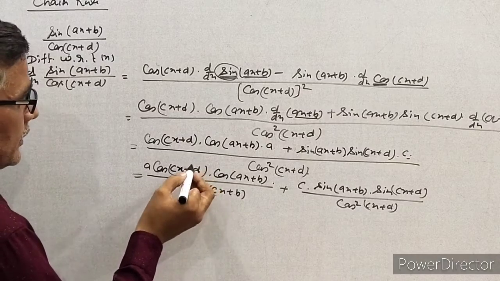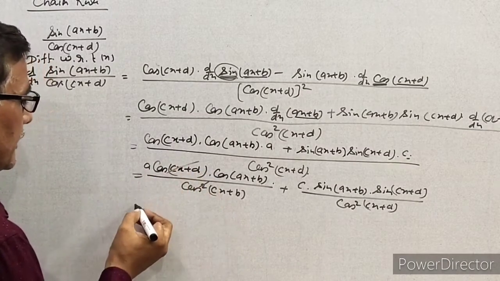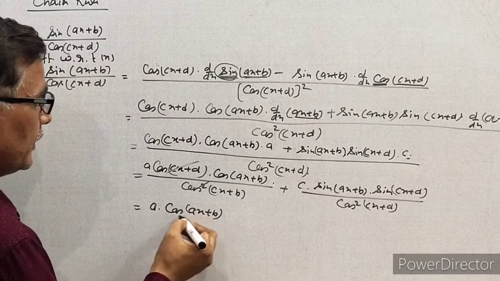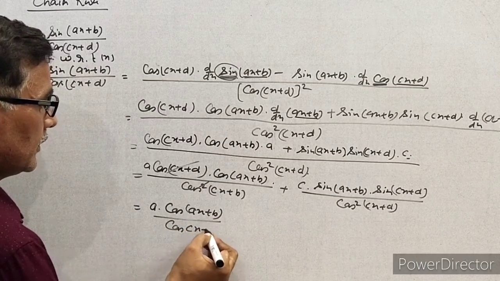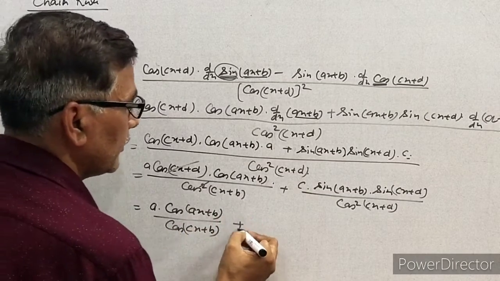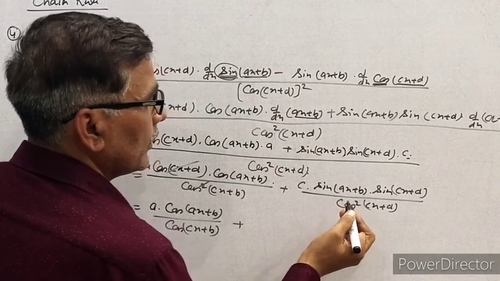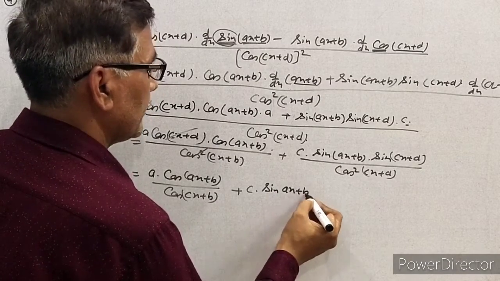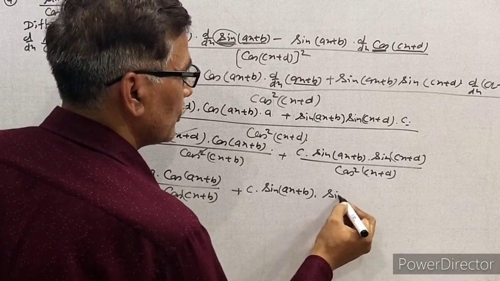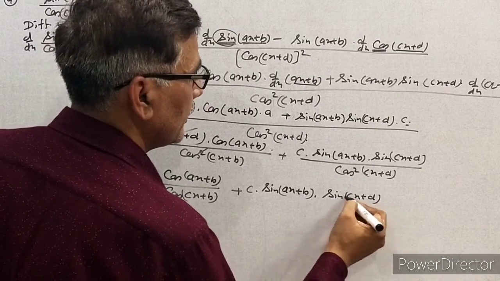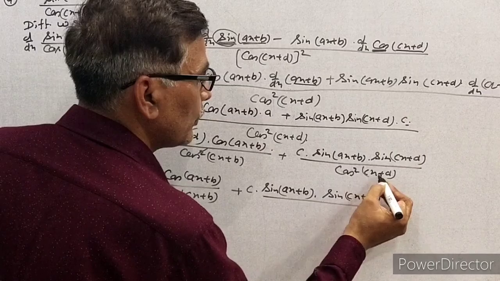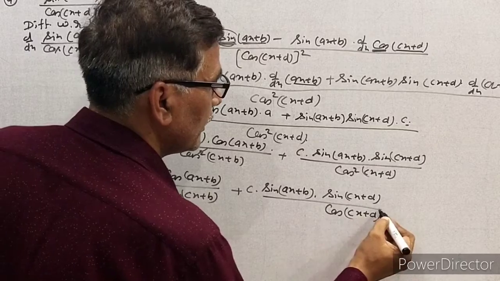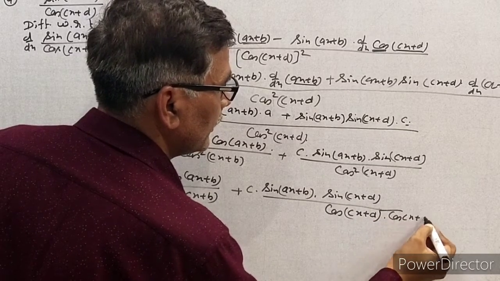Now cos cx plus d and cos cx plus d cancel out. We can write a into cos ax plus b upon cos cx plus d, plus we can write c into sine of ax plus b into sine of cx plus d upon cos square cx plus d, which can be written as cos cx plus d into cos cx plus d.